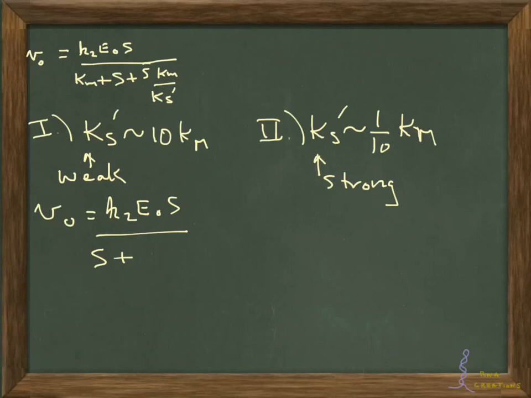Yeah, because we're assuming it's... So Km over Ks. Oh no, this is right. So Km over Ks is about 0.1 in this case. So it's Km plus S over 10.